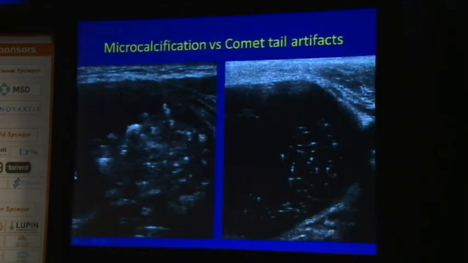This is an example to show you the difference between microcalcification and comet tail artifact. I want to draw your attention to the fact that these bright foci called microcalcification are in the solid area, meaning there is solid tissue all around these bright foci, which differentiates this microcalcification from these comet tail artifacts, which are in the cystic component of the lesion.